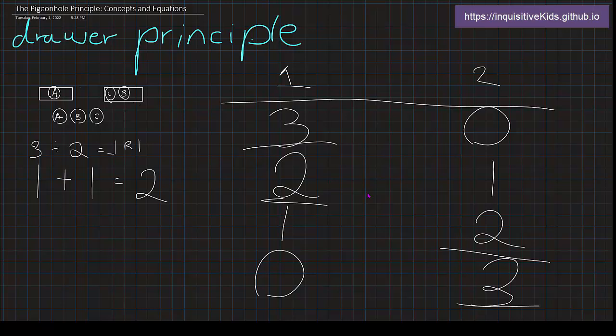So if all of the pigeons are in one drawer, for example 3, that would be more than 2, but the smallest it can be is just 2 itself. It can't go any smaller than that.